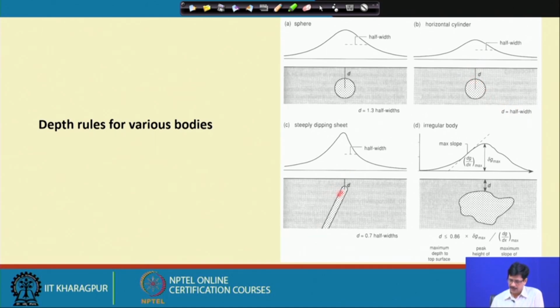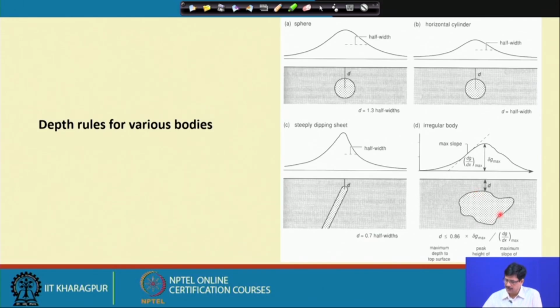In the case where it is a dike like body, if we presume that the ore body, which has a higher density compared to the surrounding, has the shape of a dike, then the depth to which the dike occurs is 0.7 of the half width.